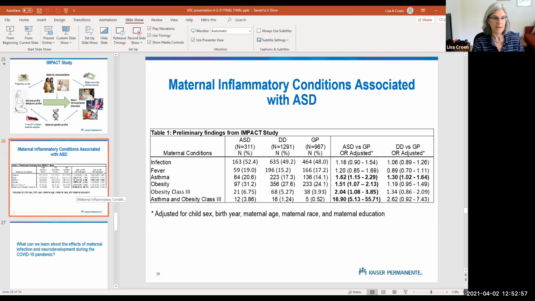We also looked at fever, which is shown on this slide, and there didn't seem to be a significant association. The only 2 conditions with a significant elevated risk for autism were asthma and obesity. So we started looking at the data and asked, what happens if you have both? Are these independent? And it turns out, oh my God, if you have both compared to neither, you've got this whopping risk. That's how we got there.